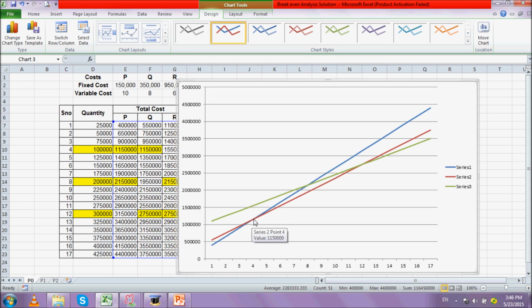Beyond that up to 300,000, it's the red one, location Q, which is the most suitable. And finally beyond the 300,000 mark, it's the green one, location R, that is the most suitable.